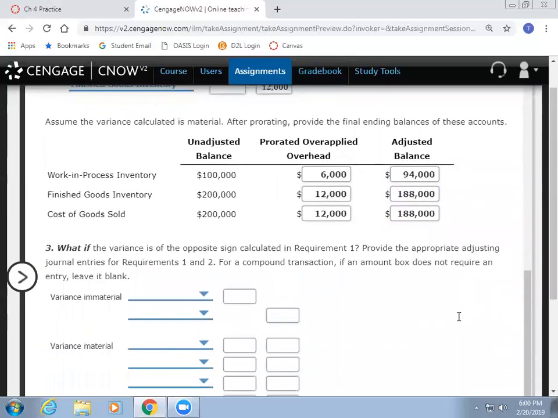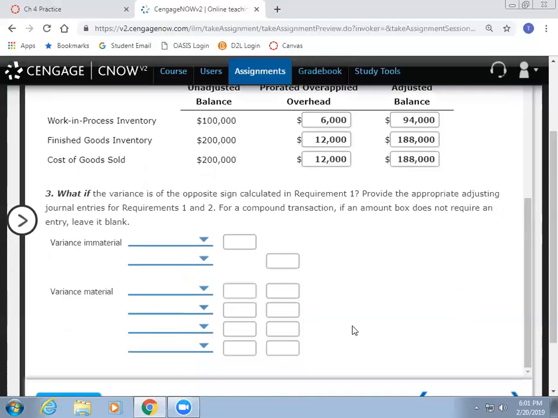And then number 3 says, what if the variance is the opposite sign calculated in requirement 1? So basically it's saying, what if this was flipped? So our actual was 500,000 and our applied was 470. Well, if that were the case, then obviously we would have under applied.